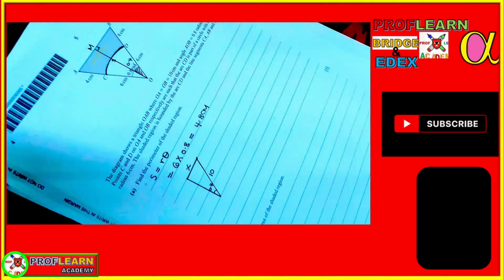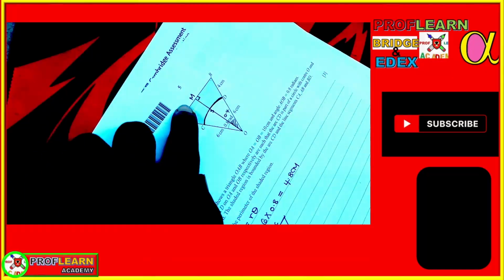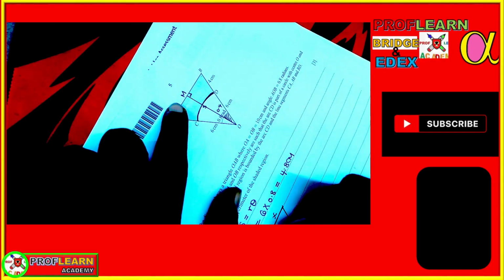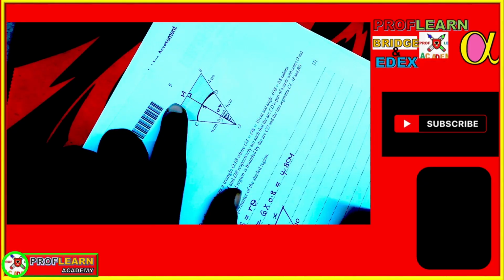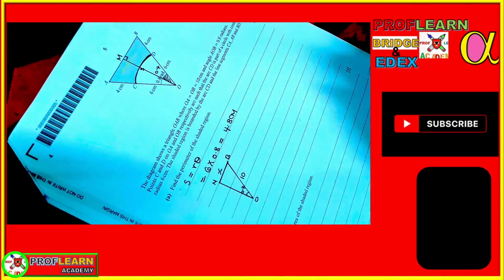Now I can call this point M, right? So this is M, and this is O, and this is called B. Yeah, so this is what I have. Now with this triangle, what am I going to do with it?